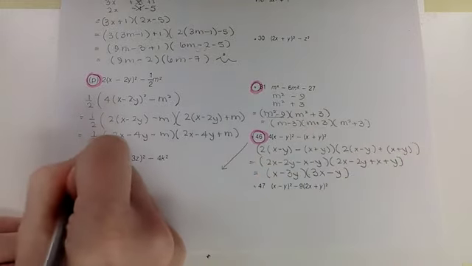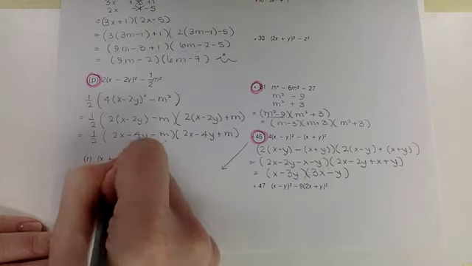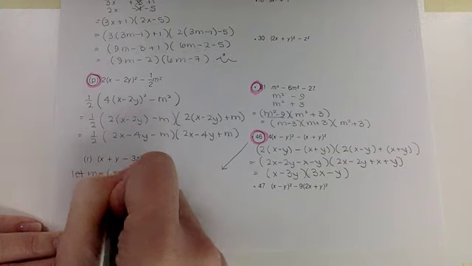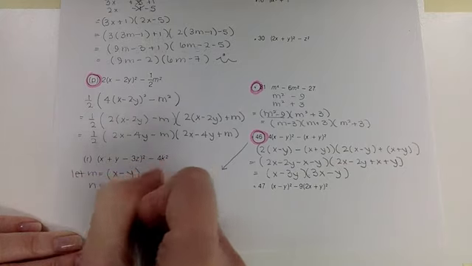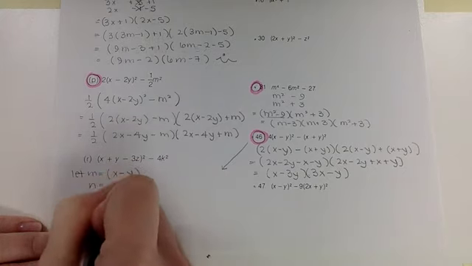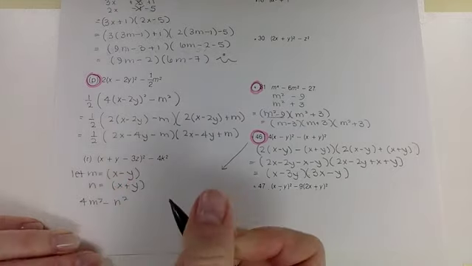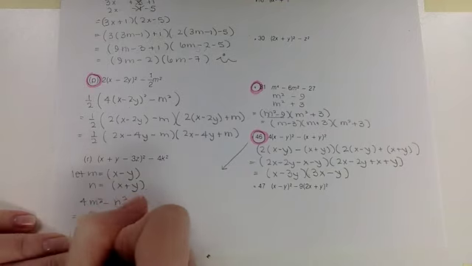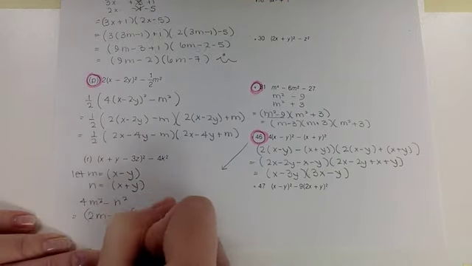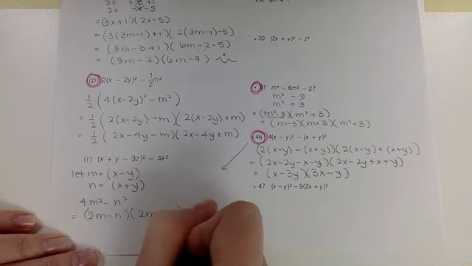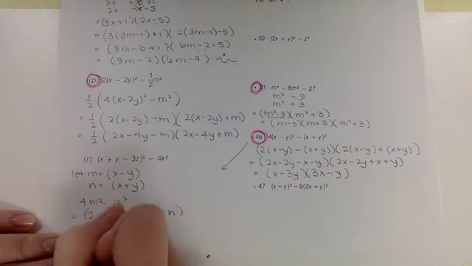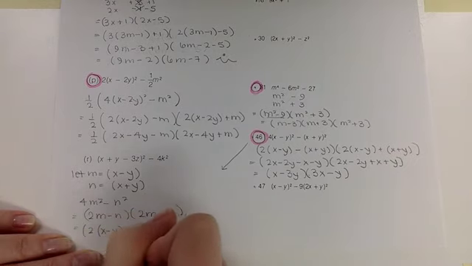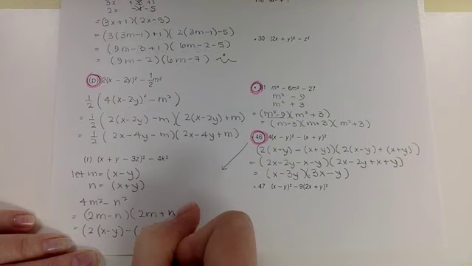So I could do let m equal x minus y, and then I could do let n equal x plus y. Then I would have 4m squared minus n squared, and now this is going to look much more obvious. So 2m minus n, 2m plus n, and replace m with what it really is, and n with what it really is.